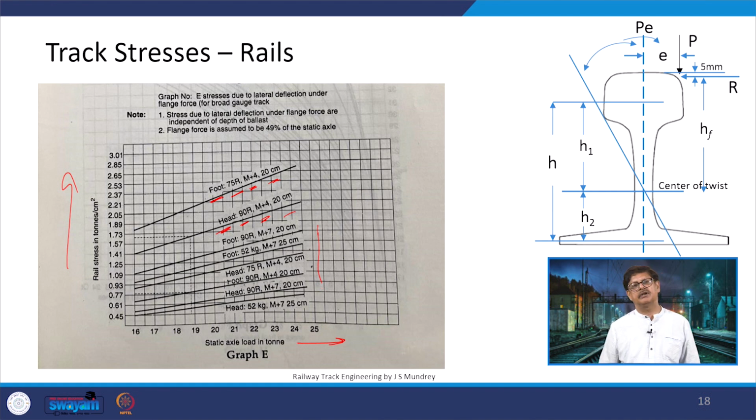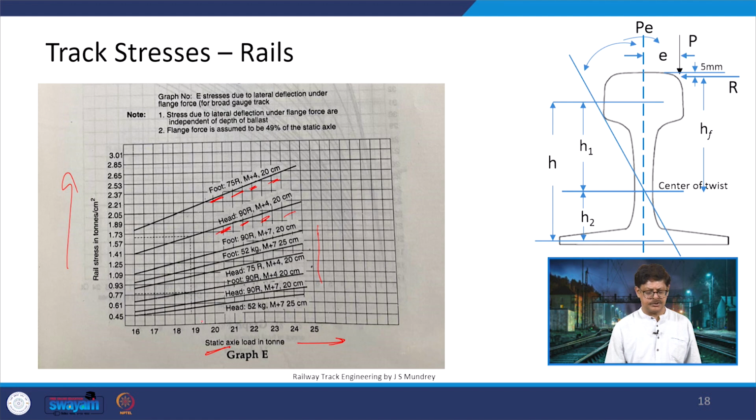So, once we have an idea of what type of track is being provided, meaning the thickness of the ballast cushion, the sleeper density, the type of the rail, then we will go to that particular line which is being shown here with respect to the static axial load in tons.